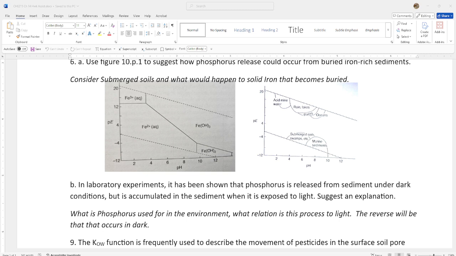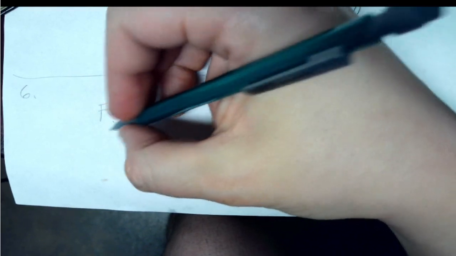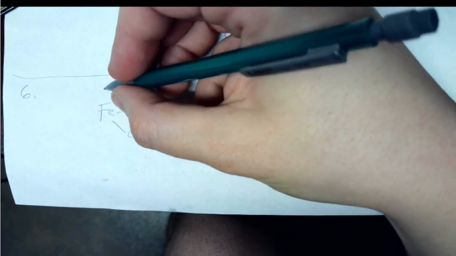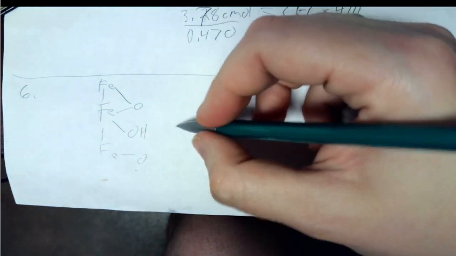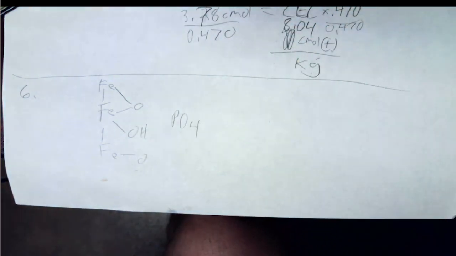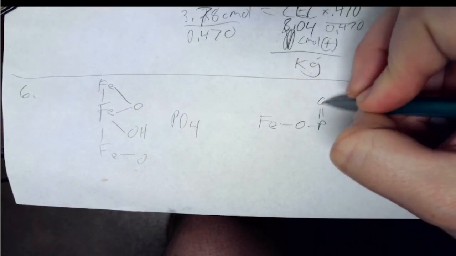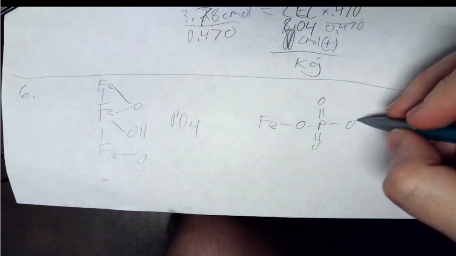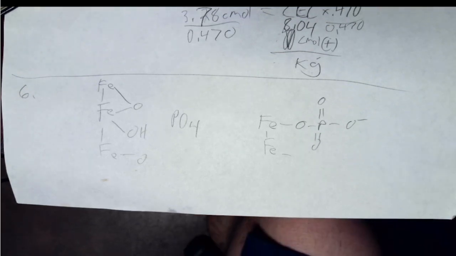I'm going to jump back to my .chem real quick. So essentially, on the surface of the oxides, we have the irons bound here, and when we add phosphate, we can bind the phosphates to the iron, O, P, O, and they can bind semi-permanently to the surface and become a strong binding site.